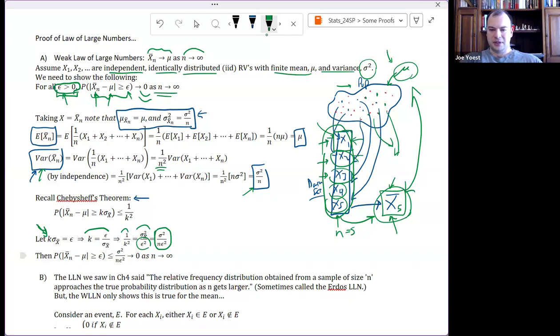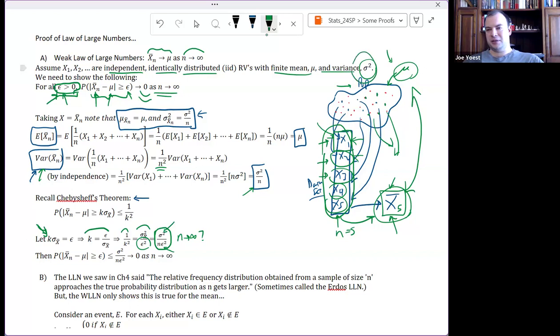Now, what happens to this as n goes to infinity? Well, epsilon is fixed. Epsilon was the specific number that we picked at the beginning. We could pick it any way that we want. You could pick it a very small number, 10 to the minus 5 or something. But once you pick it, it's set in stone. Sigma squared, well, that doesn't change.